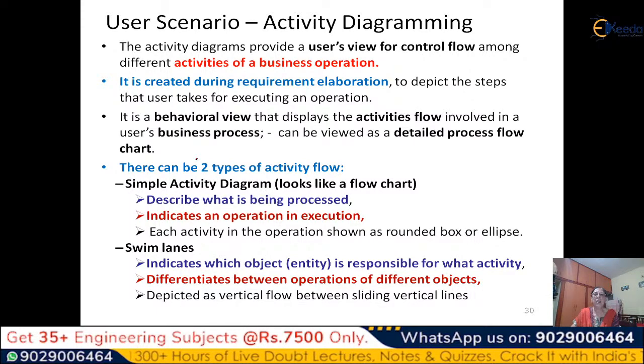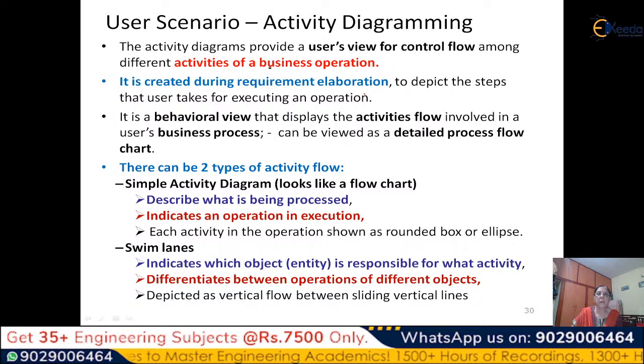And it is actually a user scenario. It's a user view for control of the business operation. Just like use case, we are showing the user's view. Similarly, activity diagram is not an interaction, but it is a user view. User view of what? Of a business operation.